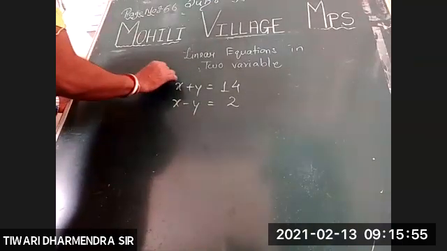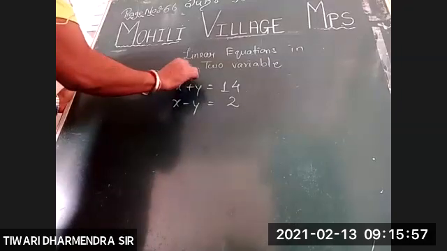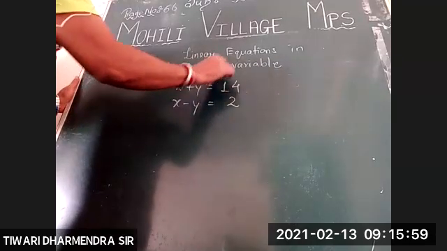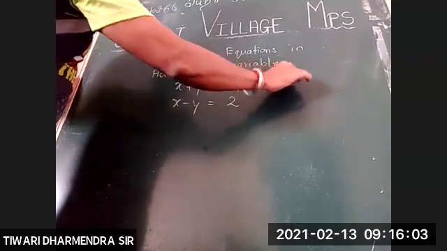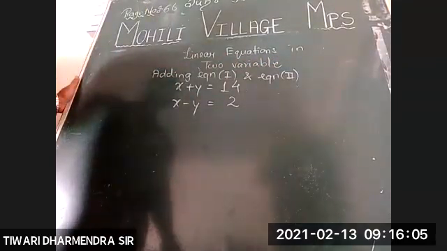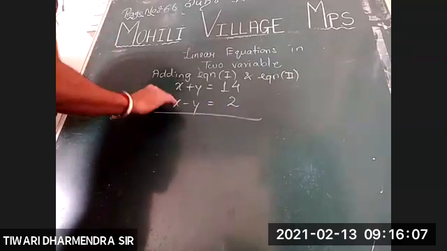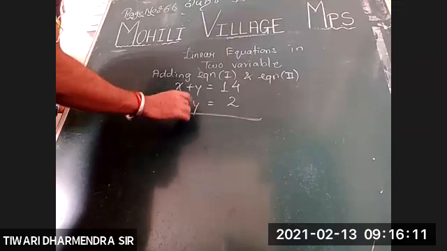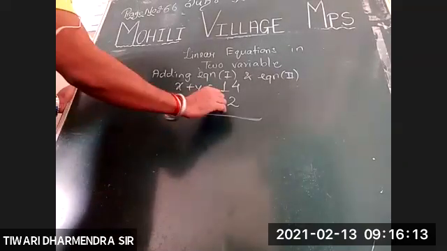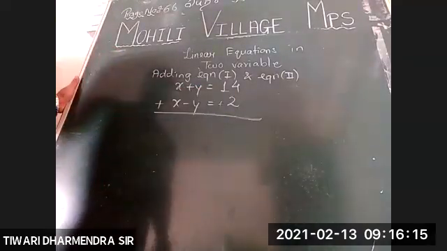We can do adding equation 1 and equation 2. We get, once you add, plus minus plus is minus, so it will remain minus, and this is also plus, no problem.